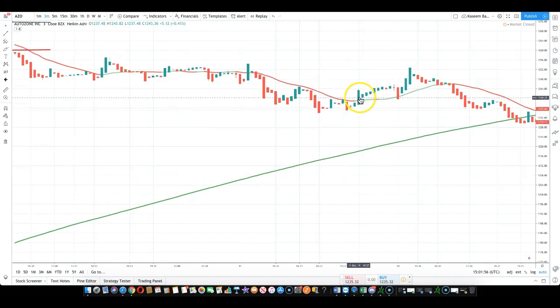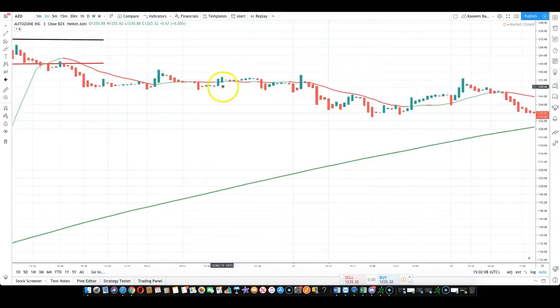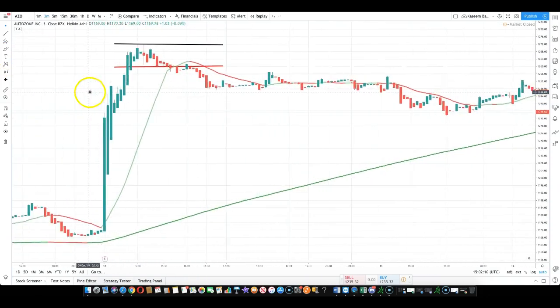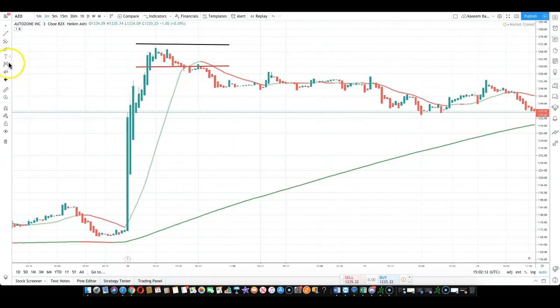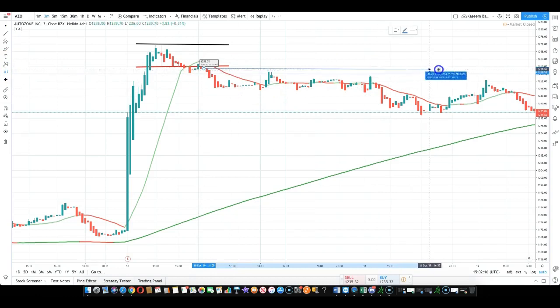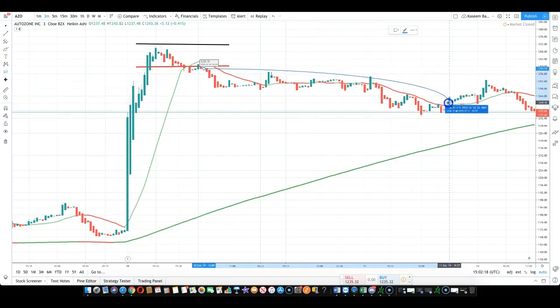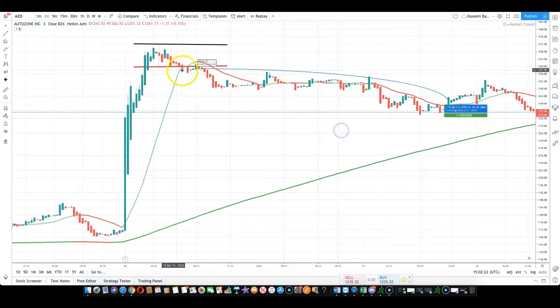Then at this point, I'll probably get out right here, as you can see, trend change right here. So I will get out of the trade here, and yeah, it would have been a really nice trade. So if you got in here and you get out at this point, that's a 1.4% gain.